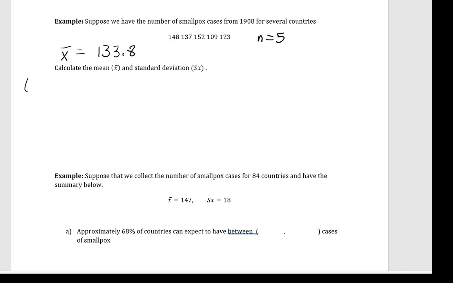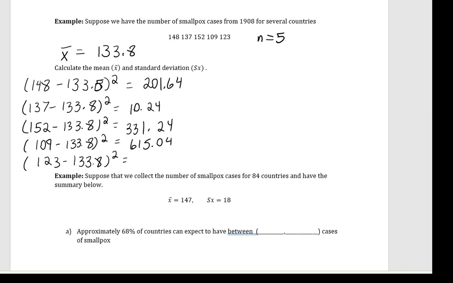So now that we have the mean, we're ready to calculate the standard deviation. So we have to take all of our observations and find how much they deviate from the average, and then square them. I'm going to skip ahead and give you all of those solutions. Go ahead and pause the video and do that yourself and make sure you get the same thing. So after we get all those deviations squared, the next thing we're going to do is add all those numbers up together.